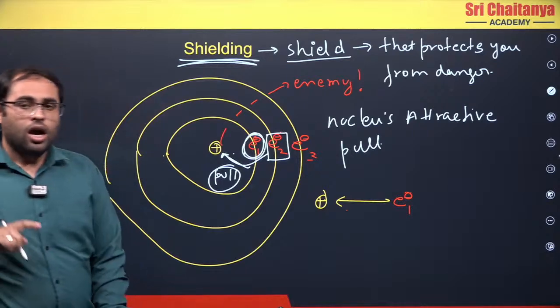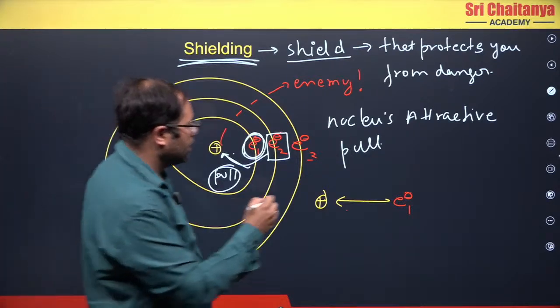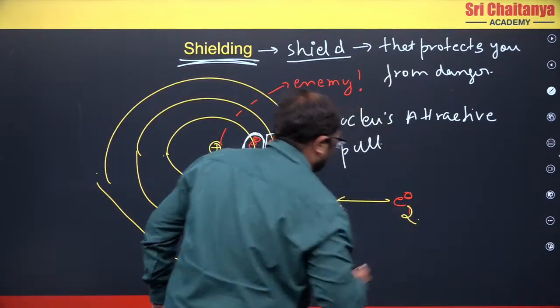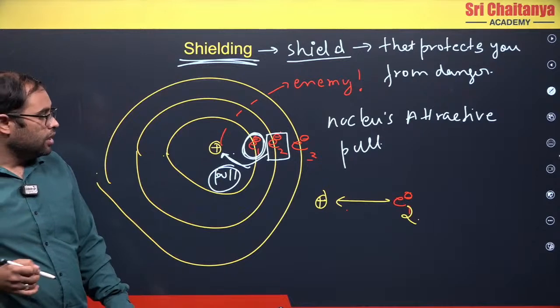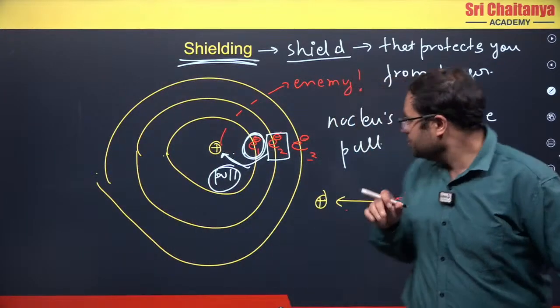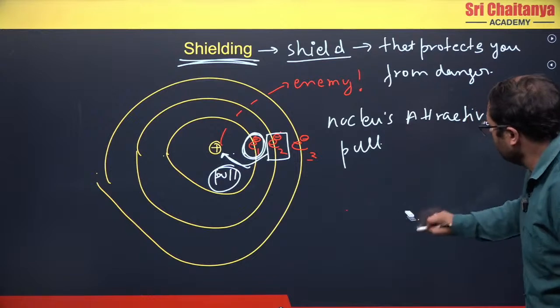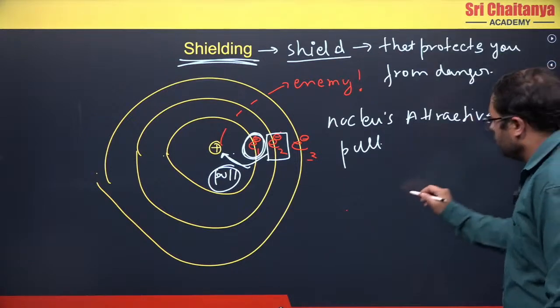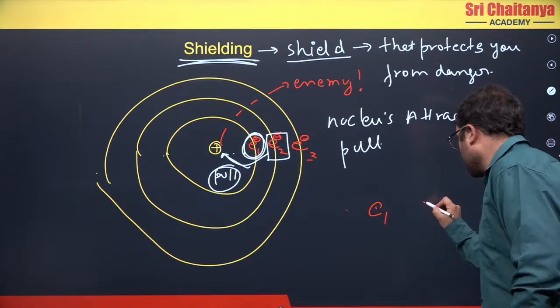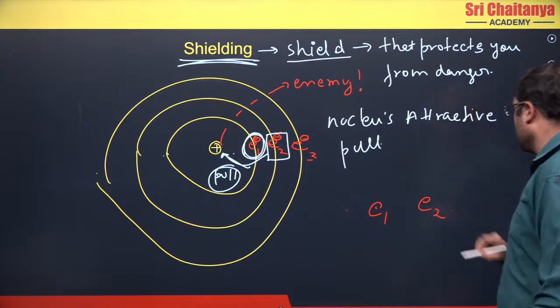Sorry, electron 2. Let me just make it a little more understandable. You have electron 1 and here electron 2, correct?